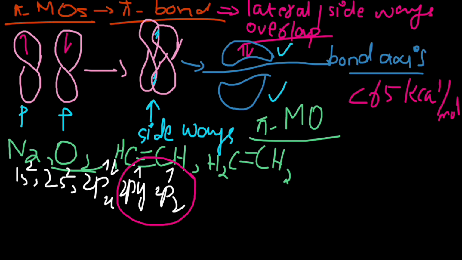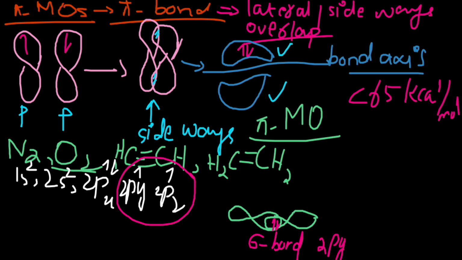Py and pz of one oxygen atom overlap with 2py and 2pz half filled atomic orbital of the other oxygen atom, resulting in one sigma bond, one pi bond. First bond between two atoms is always a sigma bond and is formed by the p overlap or 2py overlap.